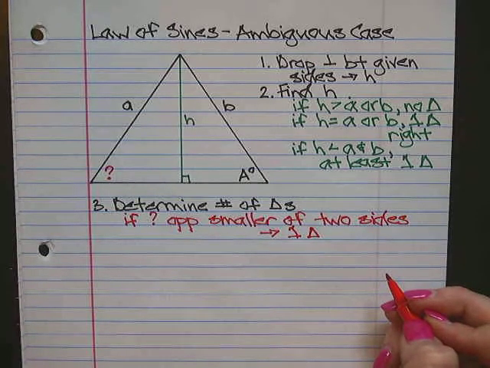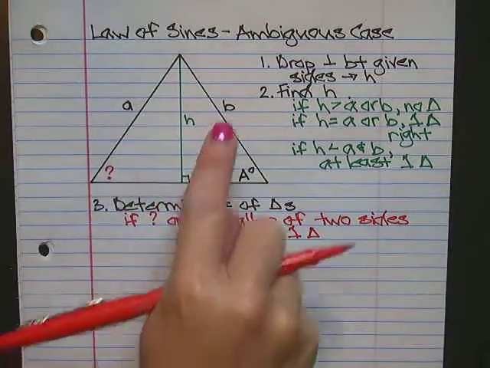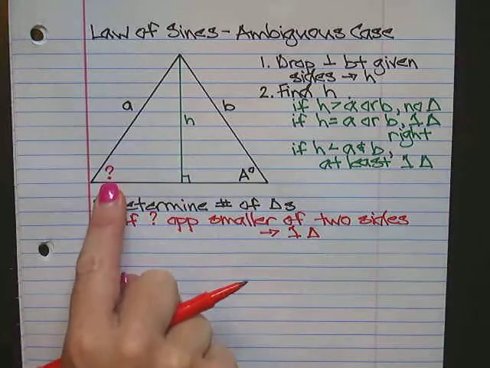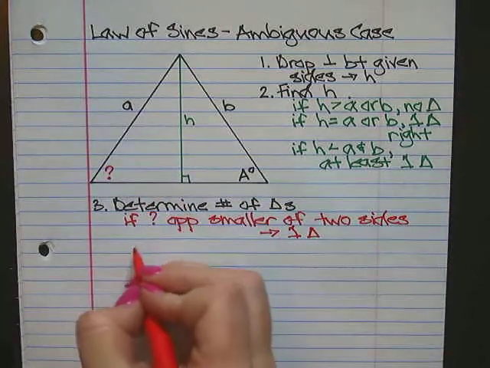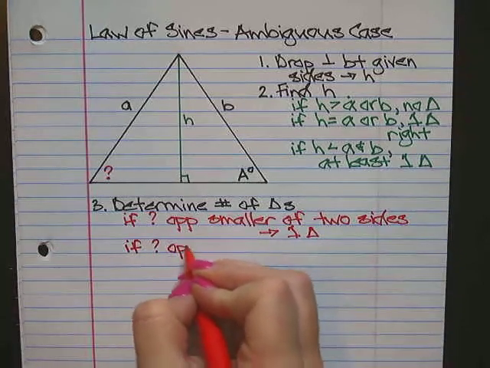And the reason for that is that we have a rule in geometry that says the smallest angle is opposite the shortest side, and the larger angle is opposite the longer side. So if this angle is opposite the smaller of the two sides, then it must be acute.